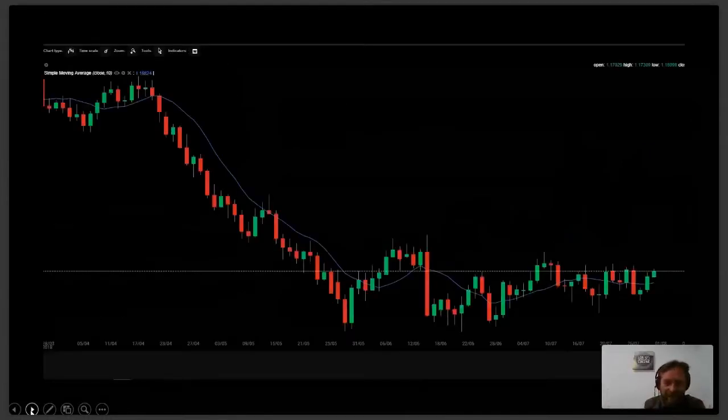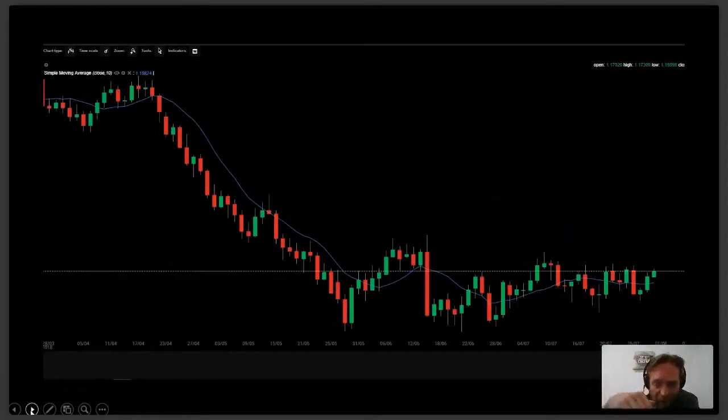Now, here's an example here. Okay, now here's the theory. If an asset is trading below the simple moving average, it's on a downtrend. If the asset is trading above the moving average, then it's in an uptrend.